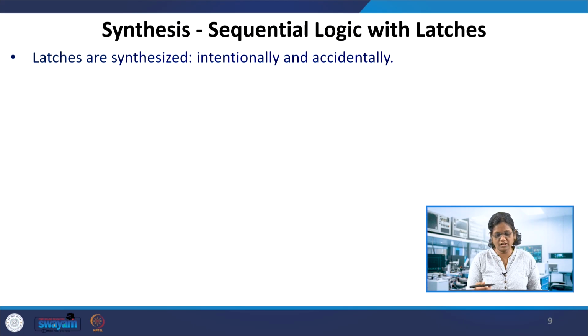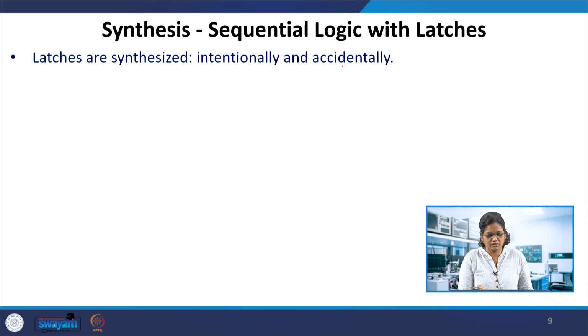If it is intentional, we want a latch to be realized, for example a D latch, not a D flip flop, since flip flops are edge sensitive ones. In the level sensitive D latch, you write the code, and that is an intentional latch. Whereas if you miss the default case in a case statement, that would form an accidental latch in the code.